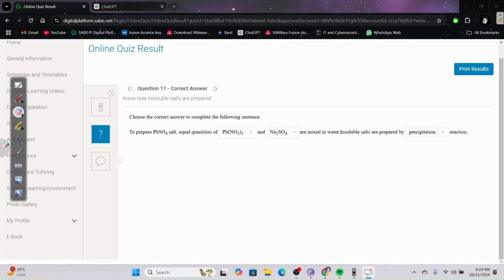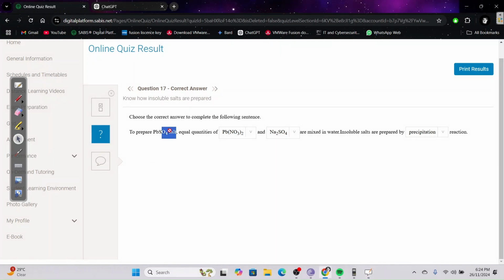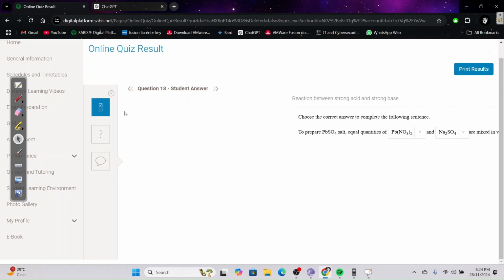Pb is lead, and here you have that. So this is going to be done by precipitation. It's an insoluble salt. Now, I don't have the options, but it's the most common logic, I believe. If you combine these two, it's obviously going to make PbSO4. I don't really know how to explain it. I need to see the options.